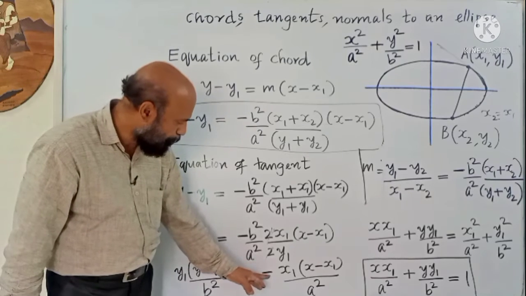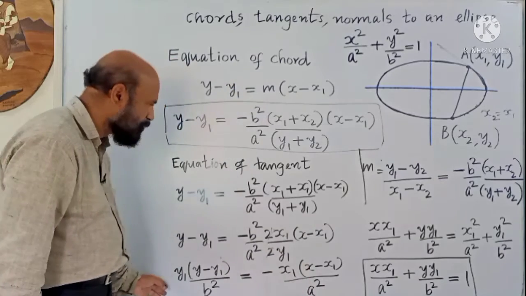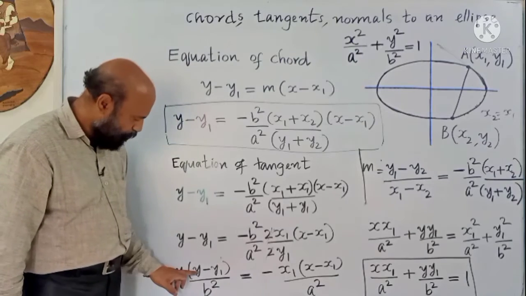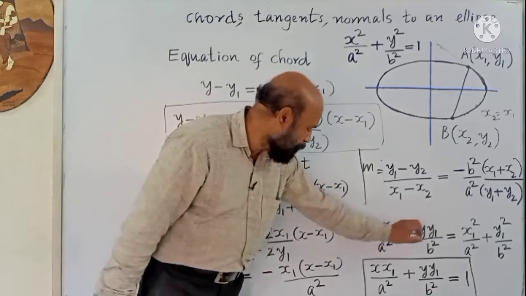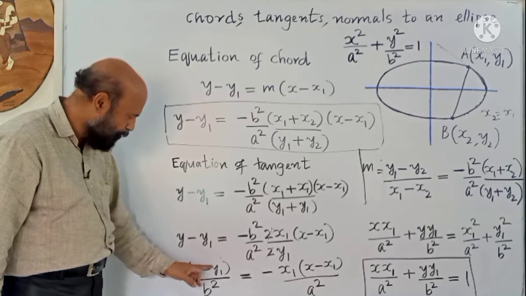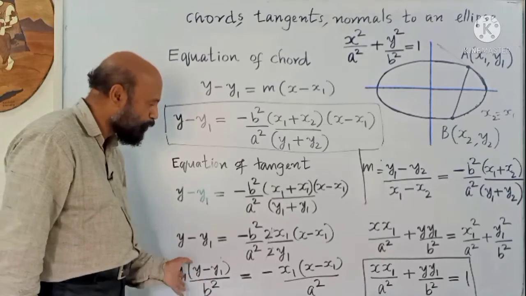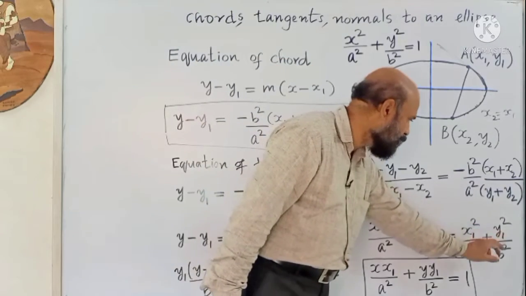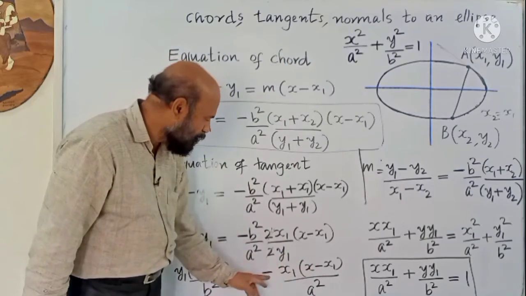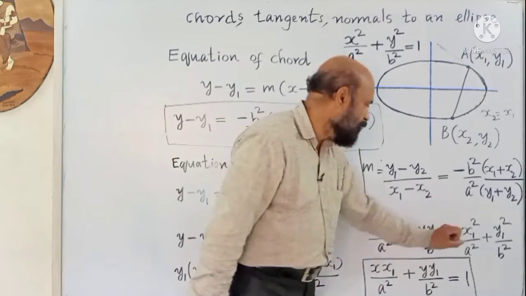Now you take this minus x x1 by a square to this side, so it will become x x1 by a square. Then here y y1 by b square. Now minus y1 square by b square you take to the other side, so it will become plus y1 square by b square. Now minus into minus is plus, so x1 square by a square.